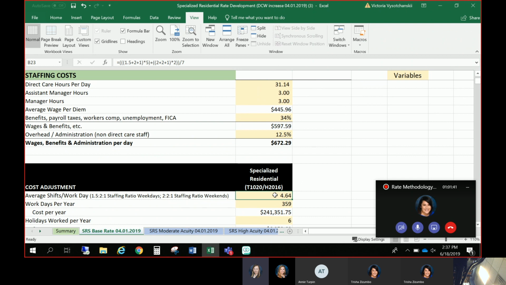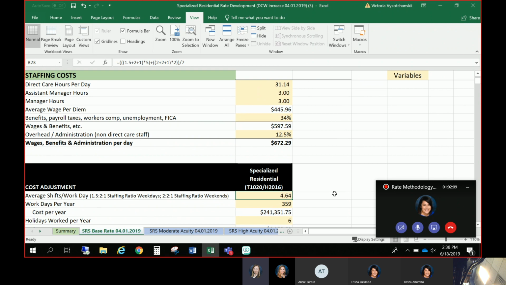Now, please take into consideration the fact that this is for individuals with what one might call lower acuity, since this is the base rate. And then depending on the level of need that the individual would have, they may receive the moderate acuity or high acuity rate. And we do also have an enhanced staffing rate as well that I will present closer to the end of this webinar.